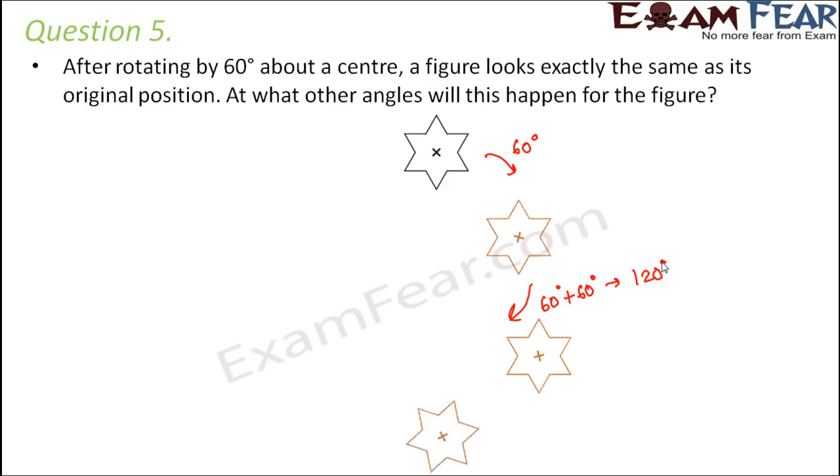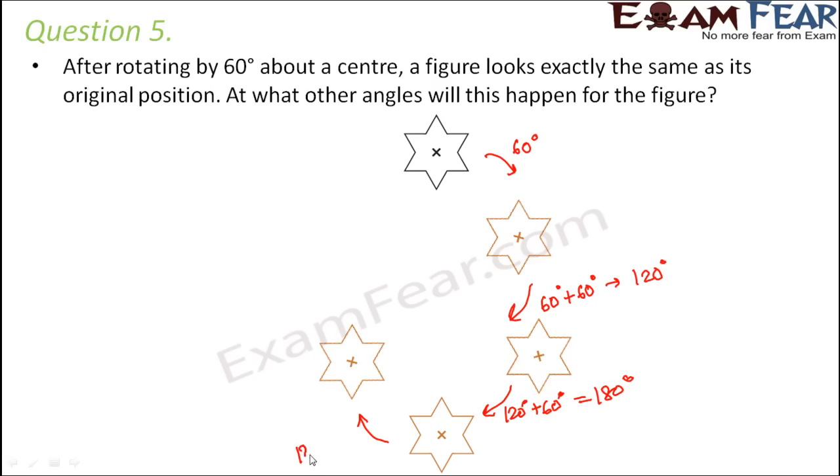Again if you rotate it by another 60 degrees, which is 120 plus 60, that is 180 degrees, you will get the same image. Rotating by another 60 degrees, 180 plus 60, is 240 degrees, and you get the same thing. Similarly 240 plus 60 is 300, and at 300 also you will get the same image.